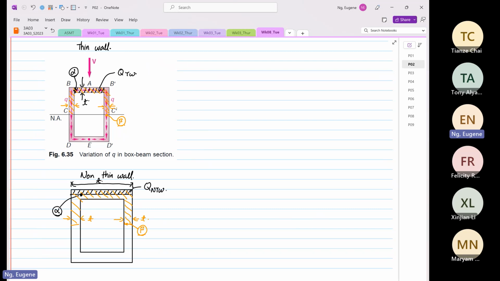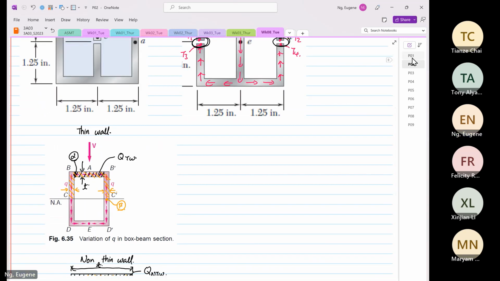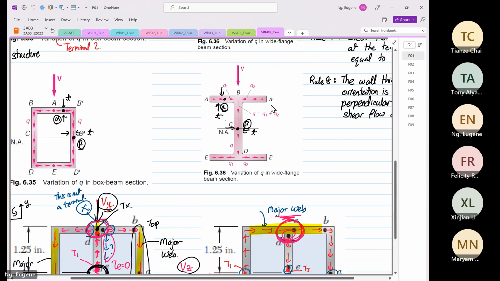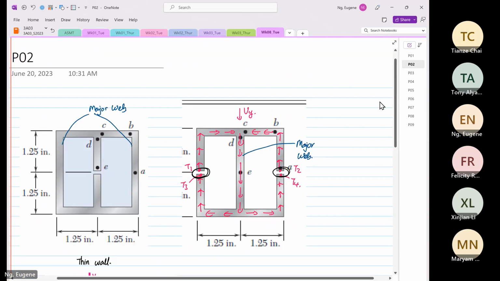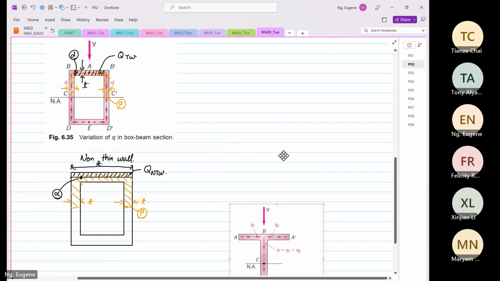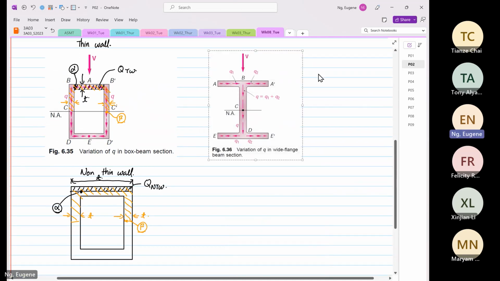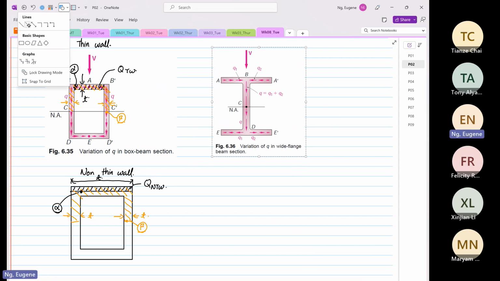Now let's look at a wide flange. Wide flange is even more interesting and can be more complicated.